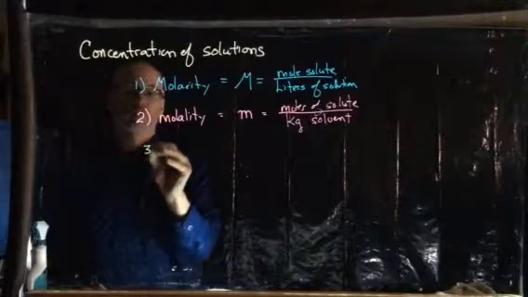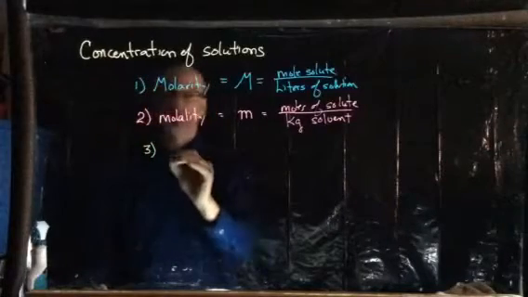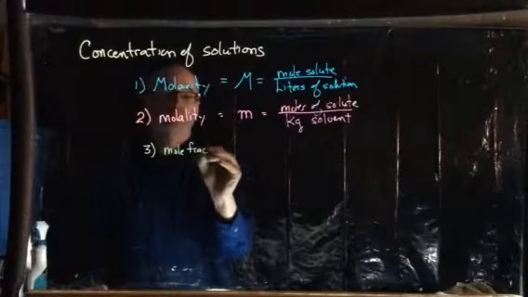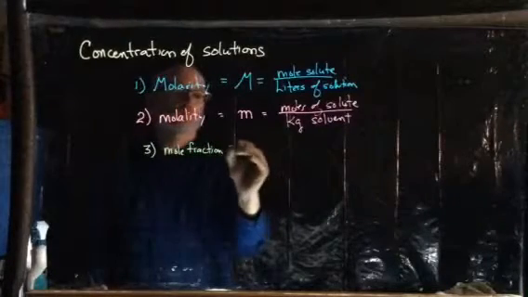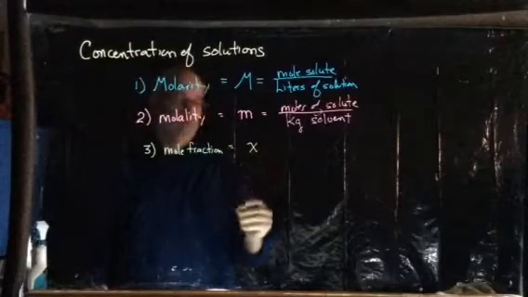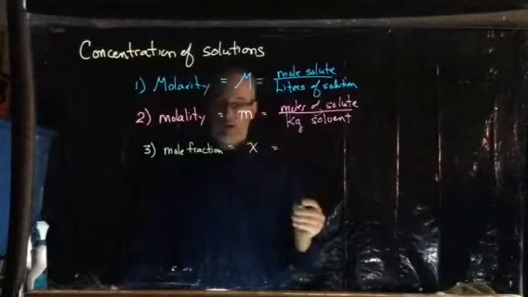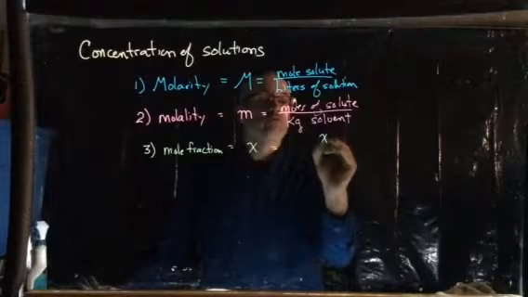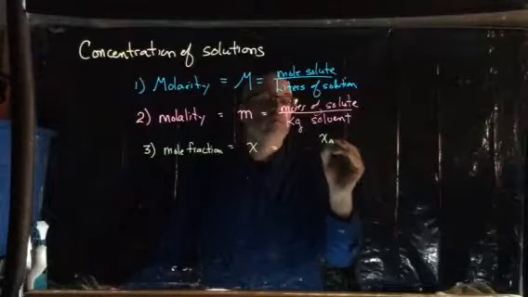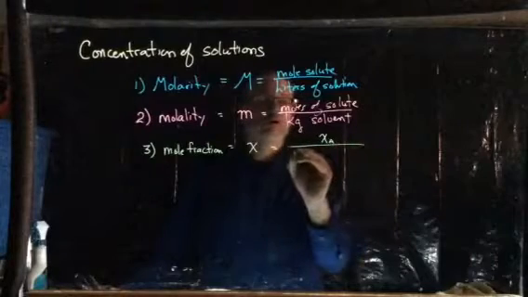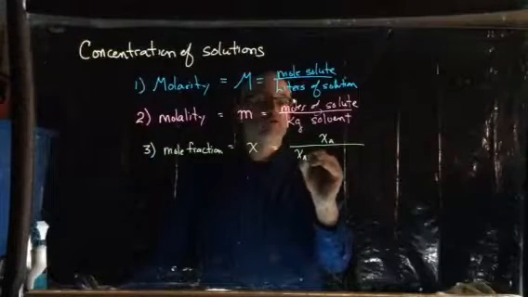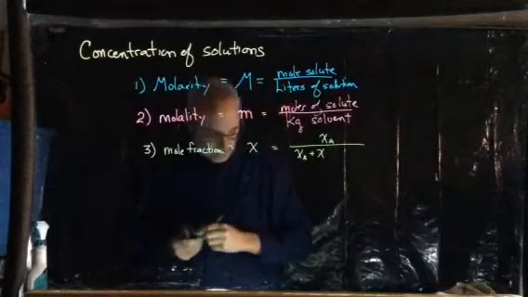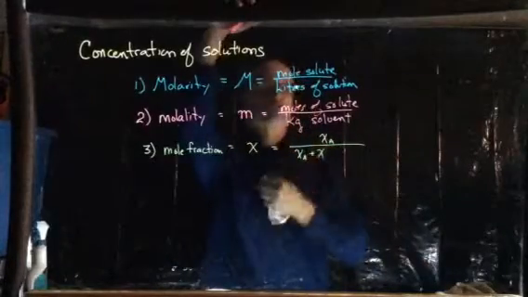A third way to express concentration is known as mole fraction. And this one is going to look a little bit different too. It's the moles of some compound A all over moles of A plus moles of B. I guess I should use N, because N is what we use for moles, correct?